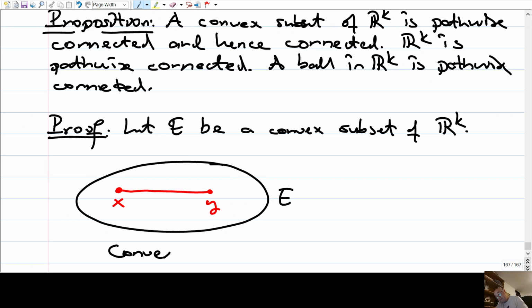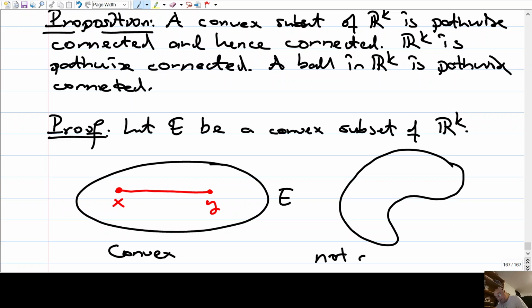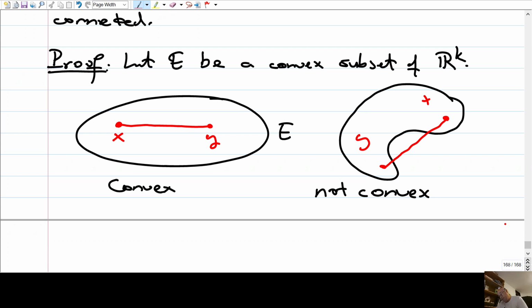But this thing is not convex. Why is that? Well, if you take this point and this point, x, y, then the line segment joining these 2 points doesn't lie inside E. So this subset is not convex.